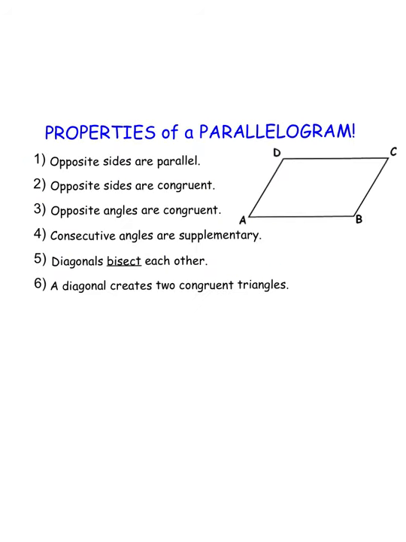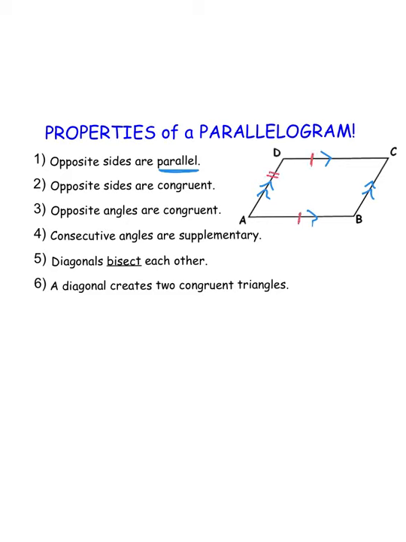So the first thing that we need to know, because we're going to talk about a parallelogram, is what the properties are. First, your opposite sides are parallel, which means that this and this are parallel, and this and this are parallel. Second, your opposite sides are congruent, which means this side is the same length as this side.